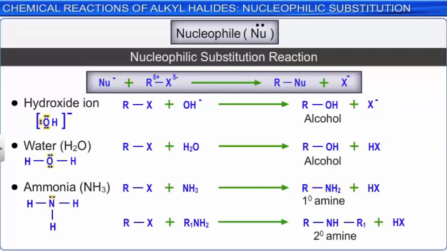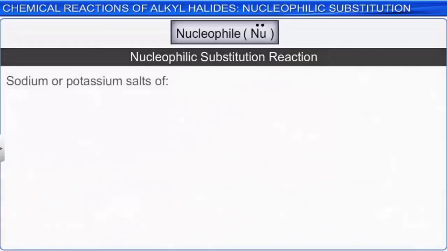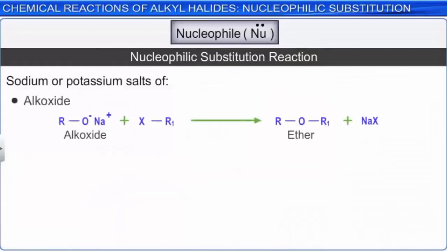Note the lone pairs on each formula. Sodium or potassium salts of alkoxides can be used to make ethers from alkyl halides.